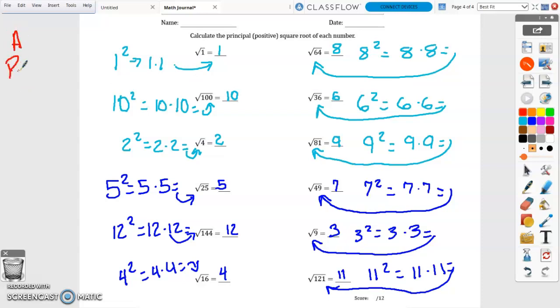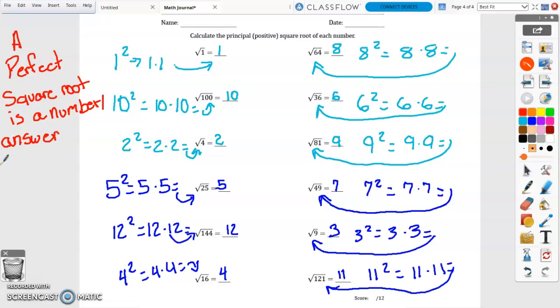A perfect square root is a number, or answer, multiplied by itself.